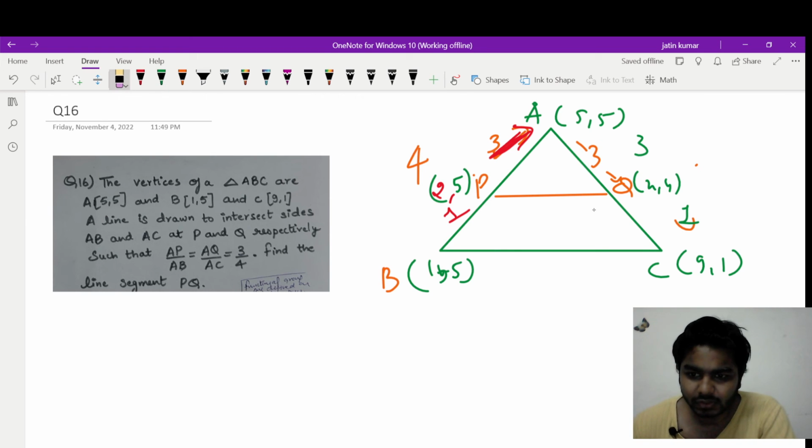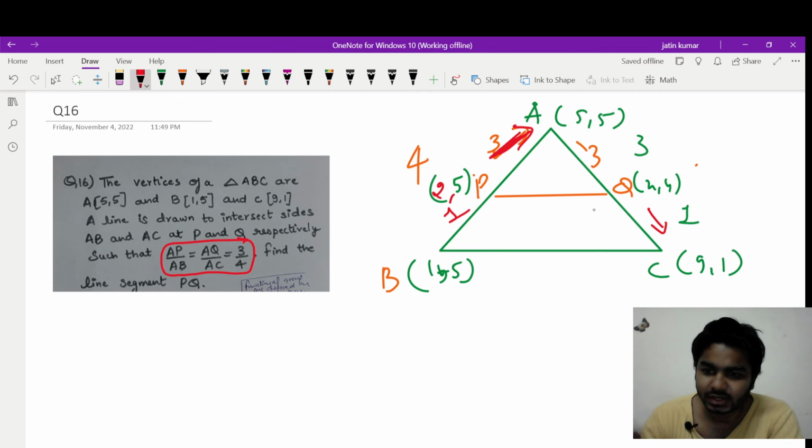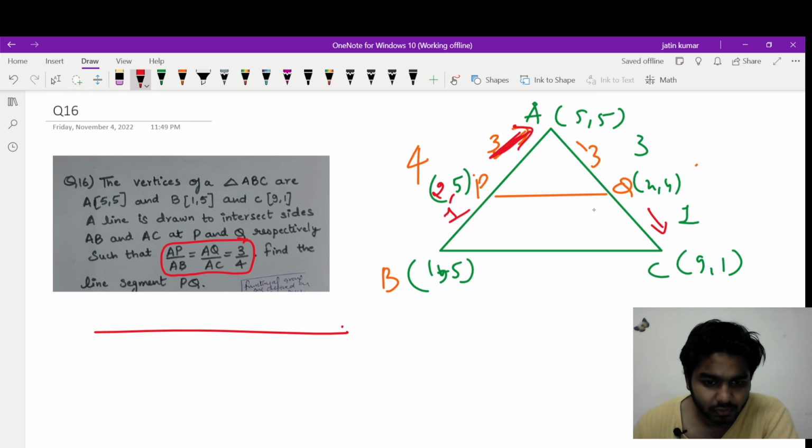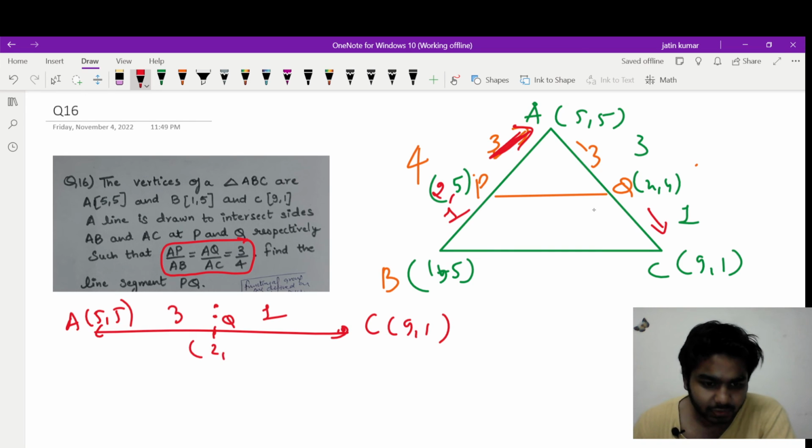No need to do the same calculation, because 3 upon 4 is given for both the sides, so ultimately the ratio will come out as 3:1 only. The coordinates are changed: A is (5, 5), C is (9, 1), the ratio remains 3:1, and this Q coordinate is x, y.